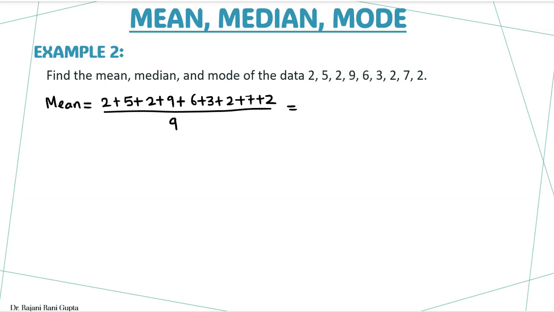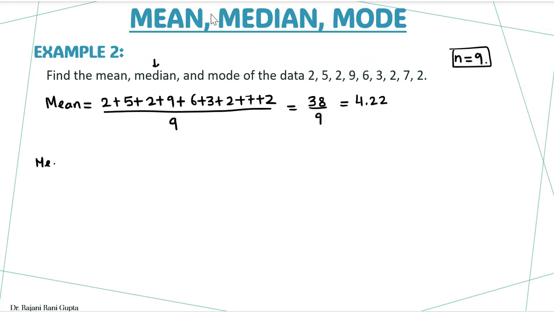Okay. So here n, the number of observations, is 9. So you are dividing it by 9. So when you add the numerator, you get 38 over 9, which is nothing but 4.22.